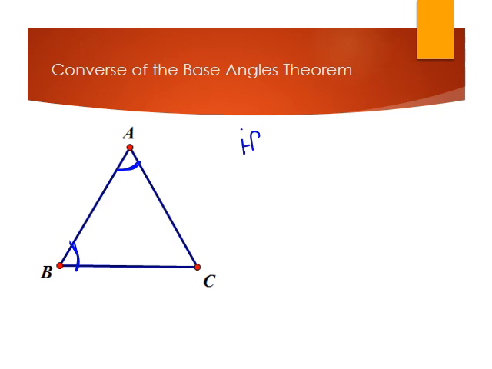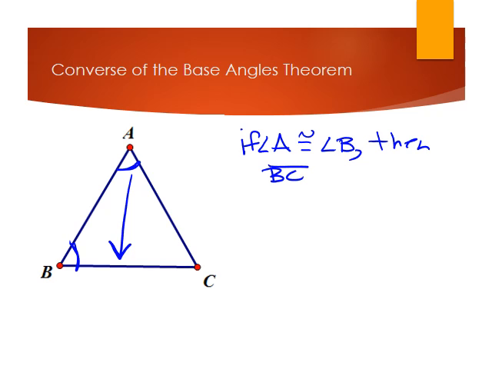So basically, if angle A is congruent to angle C or B, then the sides opposite are congruent. So opposite A is BC, and opposite B is AC. So side BC is congruent to side AC. So that's the converse. We just switch them around.